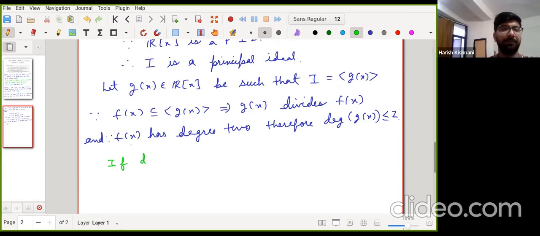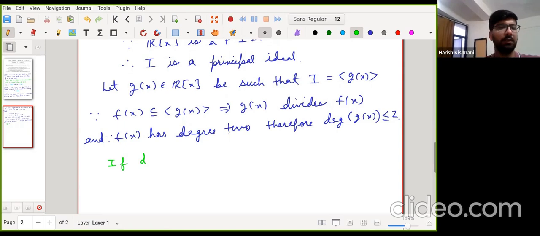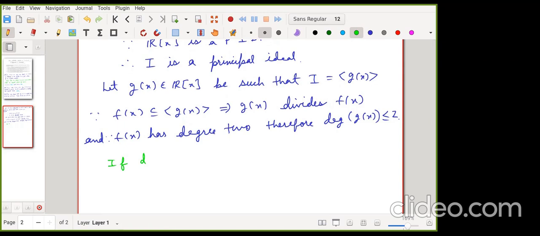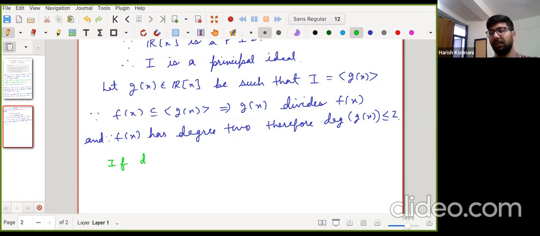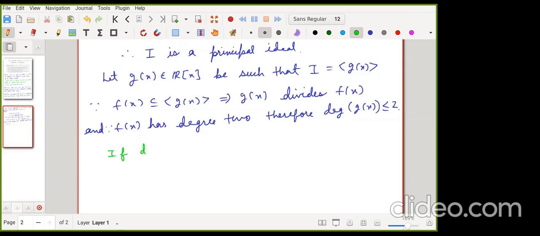Therefore, the ideal generated by f(x) is contained in the ideal generated by one of the irreducible factors. So you can have a maximum of 2 maximal ideals which contain the ideal generated by f(x). Yes, that's precisely the idea.